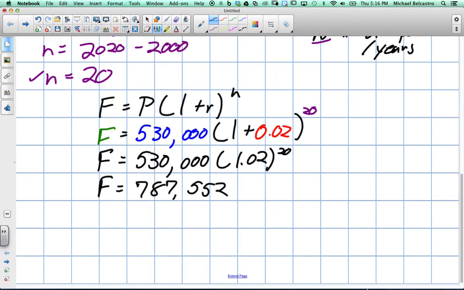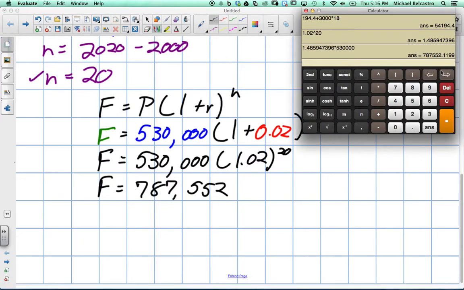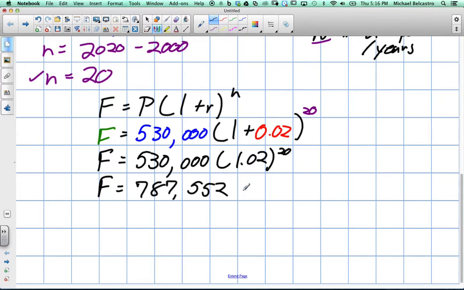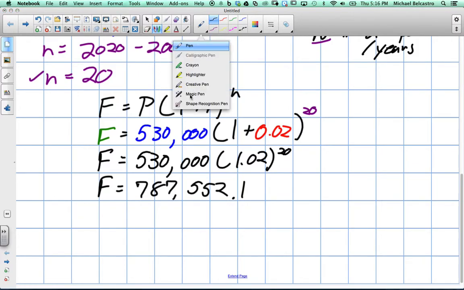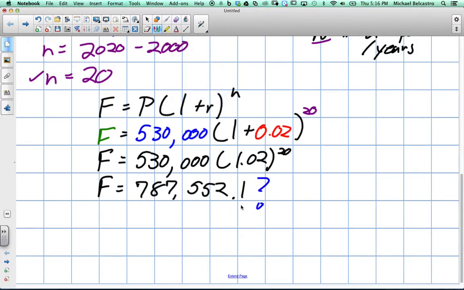F is equal to 787,552. Let's check our decimals. Technically it was 787,552.1 people. Would we say 0.1 of a person? No, so we'd round this to the nearest whole number, and it would round down.